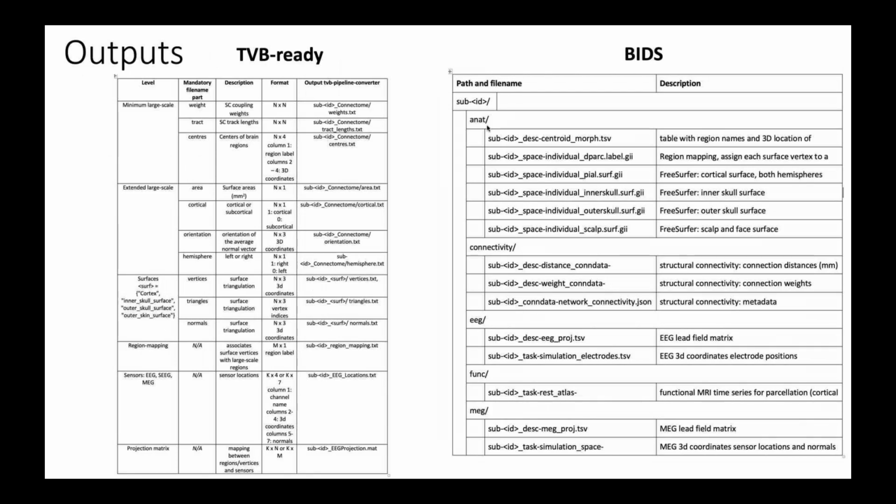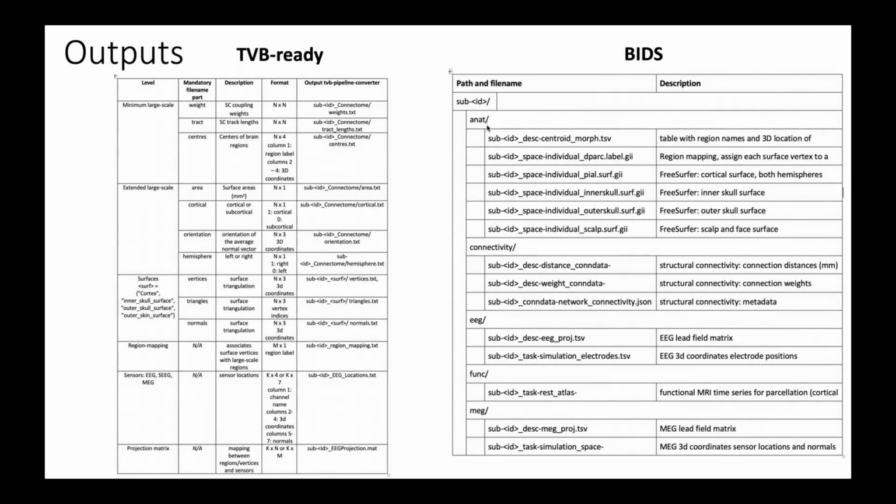The outputs of this pipeline come in two formats, once in TVB-ready format and once in BIDS format. So what are the outputs? The output format for TVB is basically plain text ASCII files where we store matrices or column vectors, and as a separator we use white spaces and new lines.